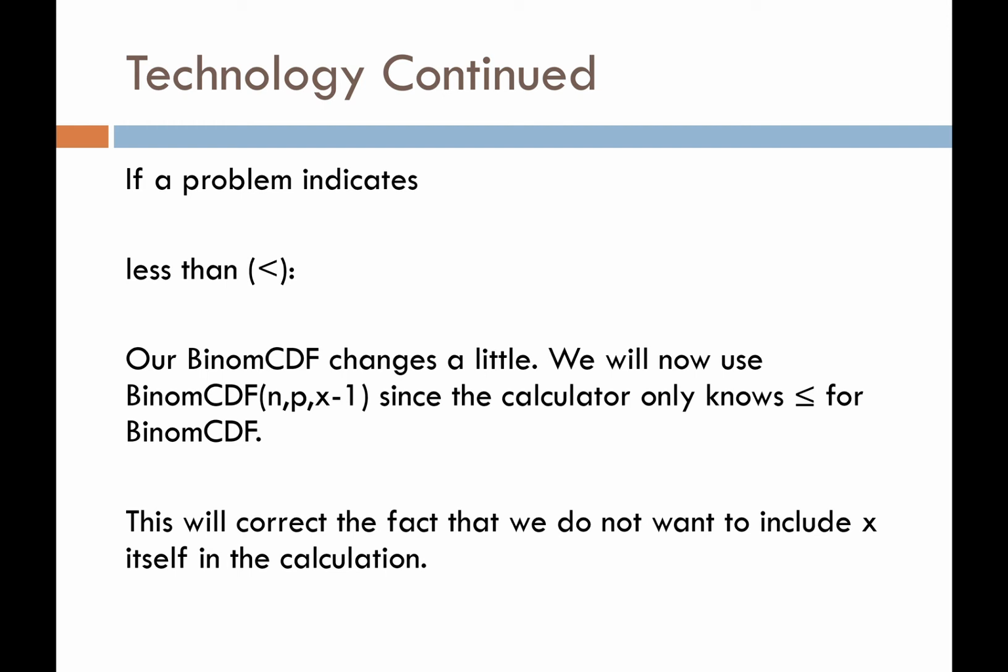So if you adjust your number of successes manually, this will correct the fact that we do not want to include x itself in the calculation. Once again, to reiterate, if x is equal to 2 but you want less than 2, you need to put 1 into the calculator so that it doesn't include 2.